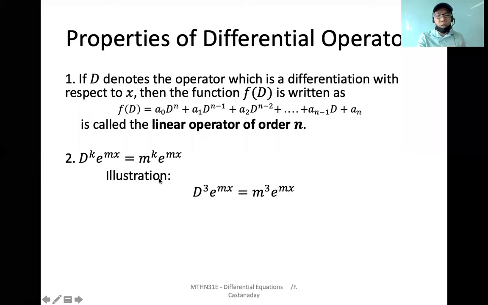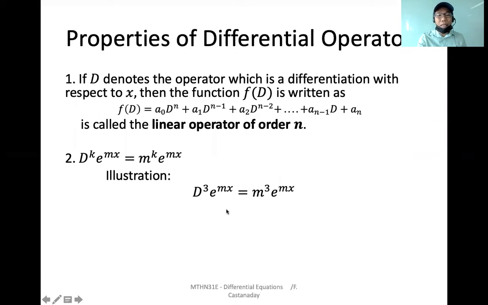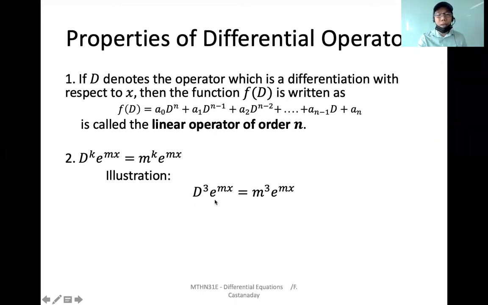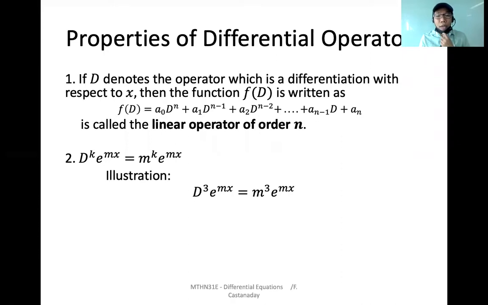So to illustrate this one, pag sinabi natin na D cube of e raised to mx, it's similar to m cube e raised to mx. Now, yung m here is a constant. Take note, m is a constant.